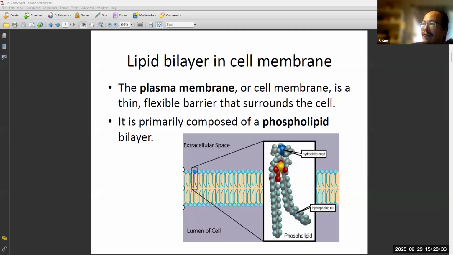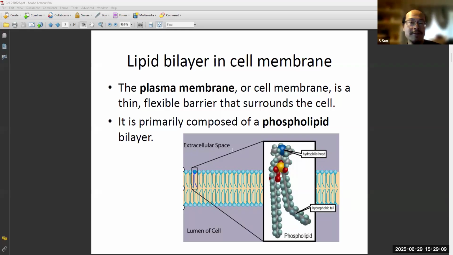This layer is basically full of lipid material. This is the lipid layer, and this side is the water layer. Outside you have water, inside you have water. So this is perfect to separate two water compartments. The cell uses this membrane to form its boundary, to separate the inside of the cell from the outside. So that's the first thing you need to know.